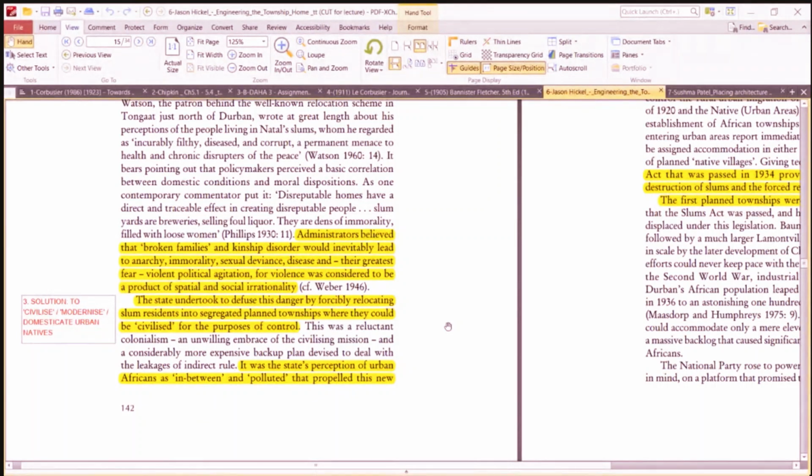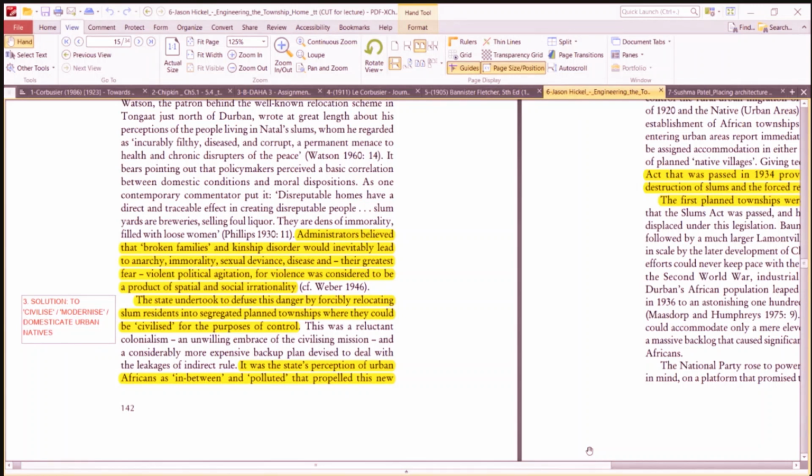Okay. It was the state's perception of urban Africans as in between, right? In between. They're neither African nor are they modern. They're something that is happening between evolutionary spaces, and they are polluted. It is this idea that they are in between, that they do not belong here, although they are here in the city, but they don't belong here.